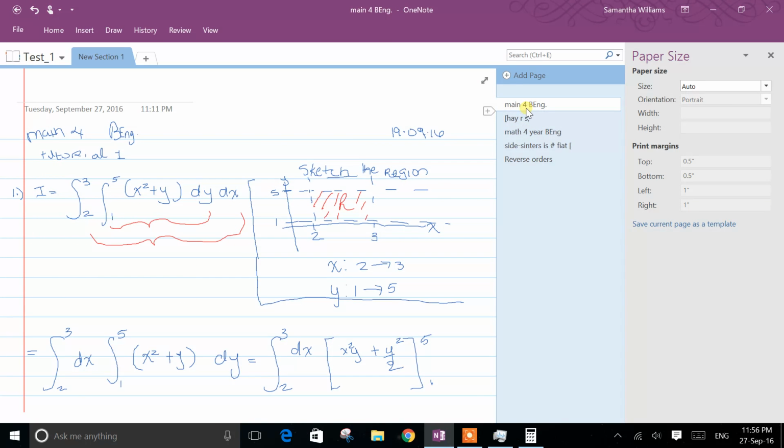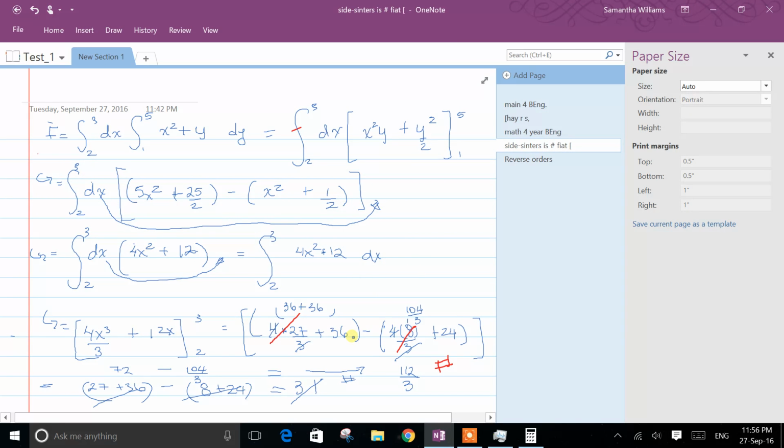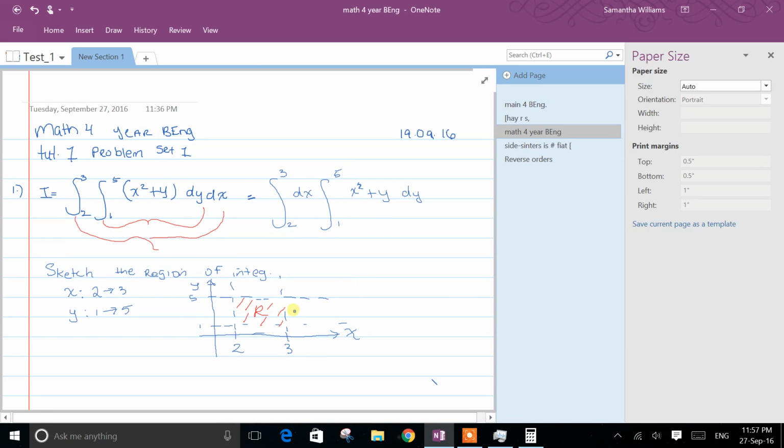want to take a look at right here. If we were to look at this region that we spoke about, when we reverse the order, essentially what are we doing? Well, remember I kept on speaking about how we're going to rewrite this and hold one of the integrals constant.